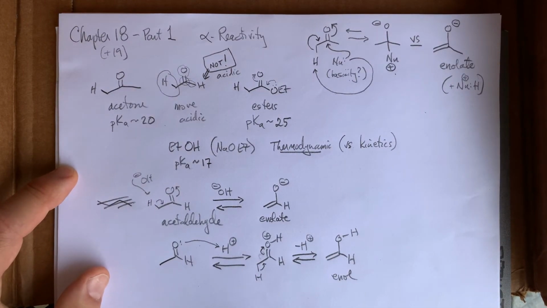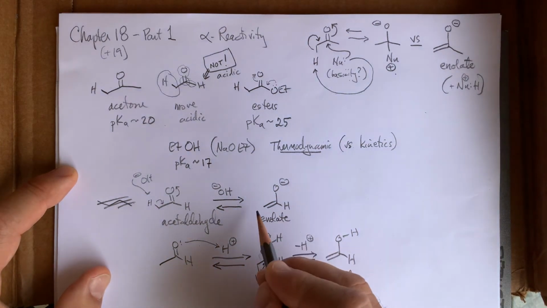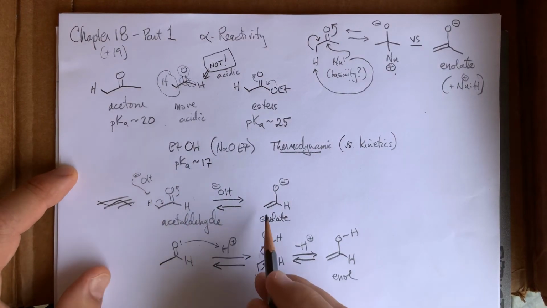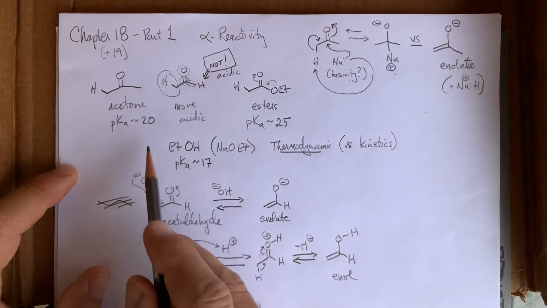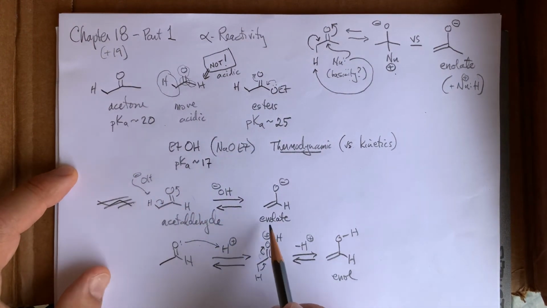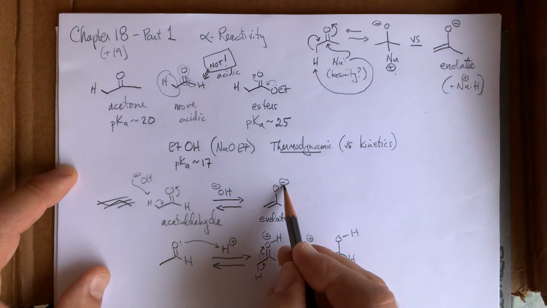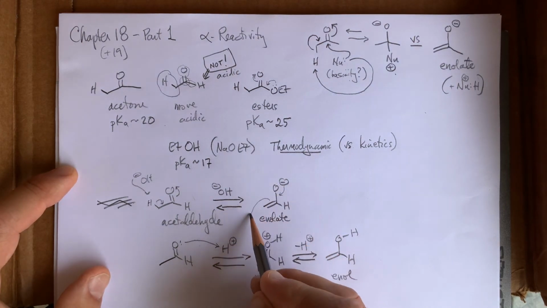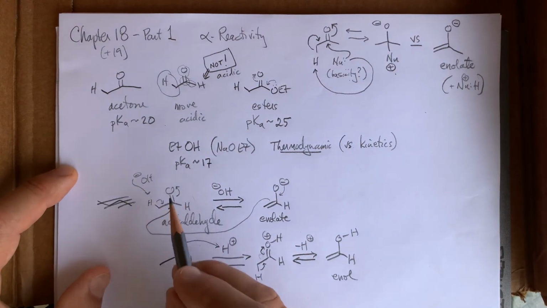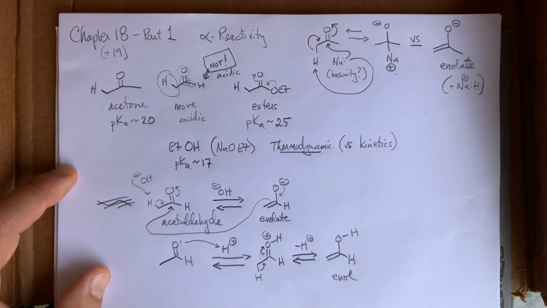And the reason that's important is that if you think about the pKa's here, there's usually a lot more of your carbonyl than there is of your enolate. And if that's true, then the enolate can act as a nucleophile. I already have that up arrow there.